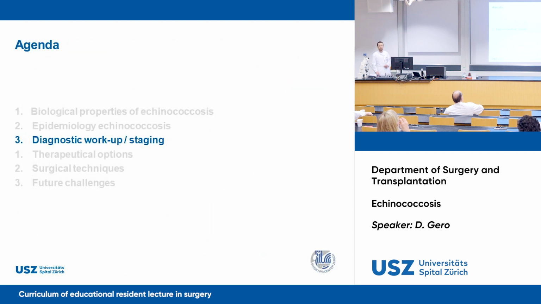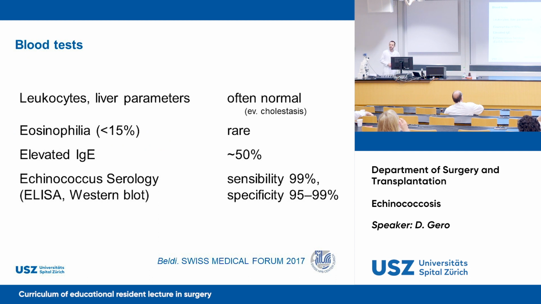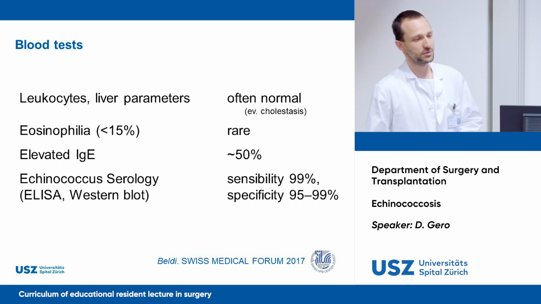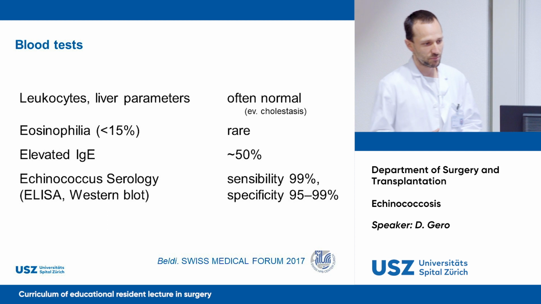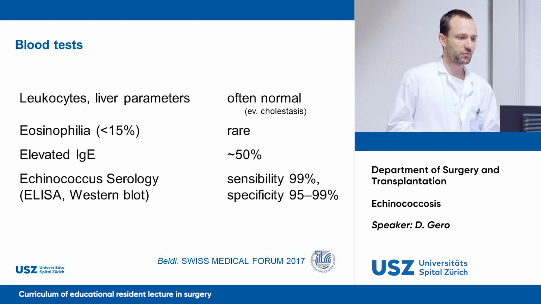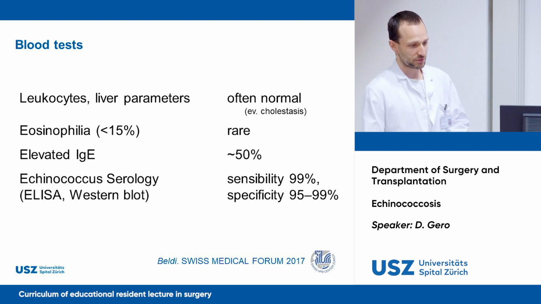Now I would like to talk about diagnostic workup and staging. When we have the suspicion of echinococcosis, we can perform a blood test. Here, the leukocytes will most frequently be normal. We may find eventually a cholestasis or an eosinophilia, sometimes elevated immunoglobulin A. But the most sensitive and specific test to perform is the Echinococcus serology by ELISA or Western blot.